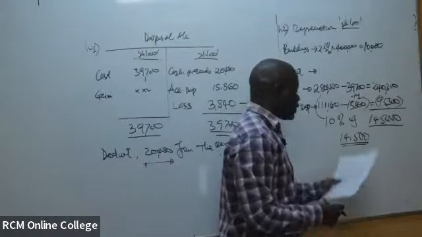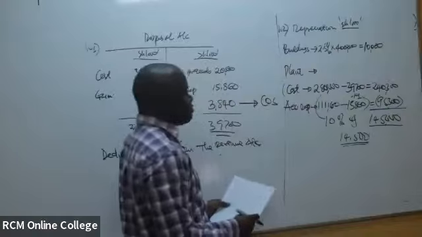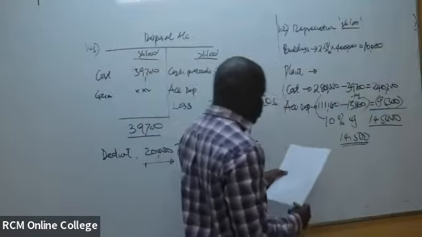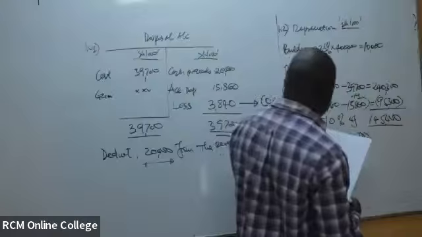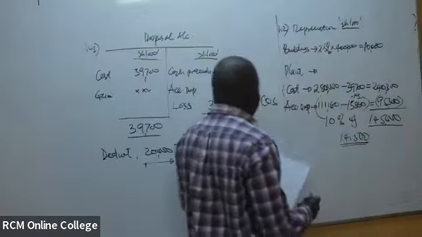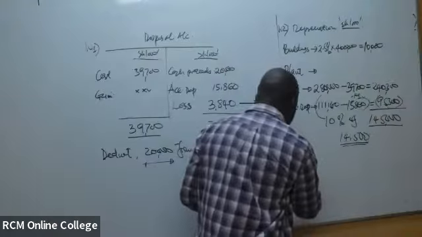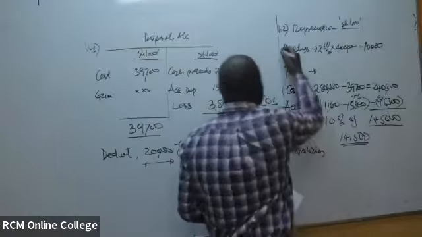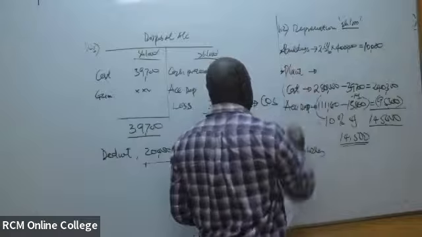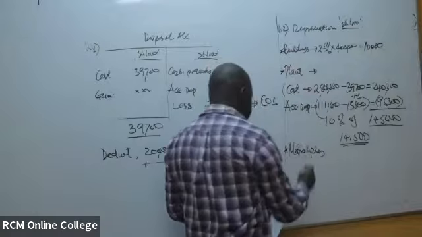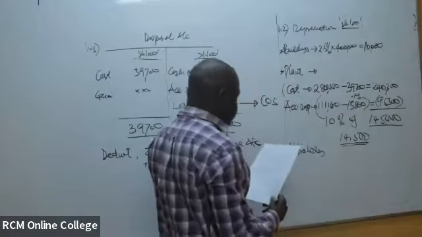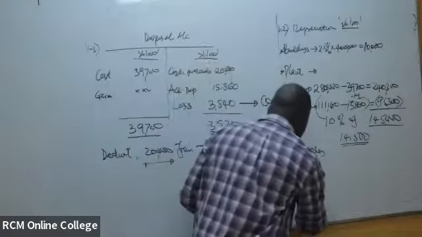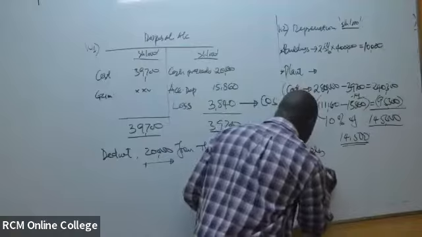So that's basically how you'll be able to get depreciation for the year for the plant. Then we have motor vehicles, magari. That is the third item, and we have to compute the depreciation. Motor vehicles are 20% on straight line, so we take 20% of the cost.